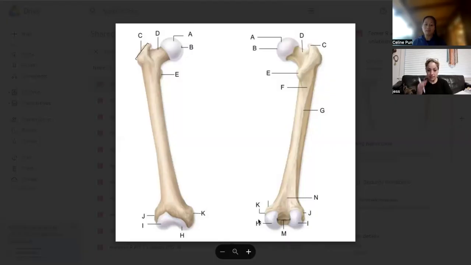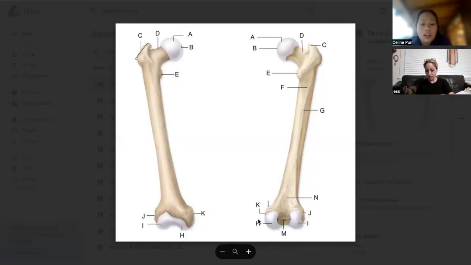Is that just like a groove, indent kind of thing? Tubercle, let me look this up. Tubercle means a rough projection. So kind of like a trochanter, but it's just rough. It could be small or large. Okay.